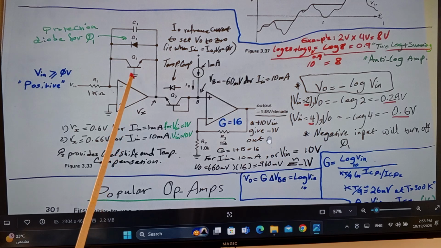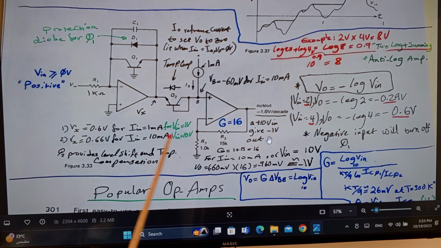Now, this is at the ground point, that base in there. So that means whatever current is there will create a VBE in here that will be copied by that Q2 in here. And that, of course, will show at this point, that little difference in there.